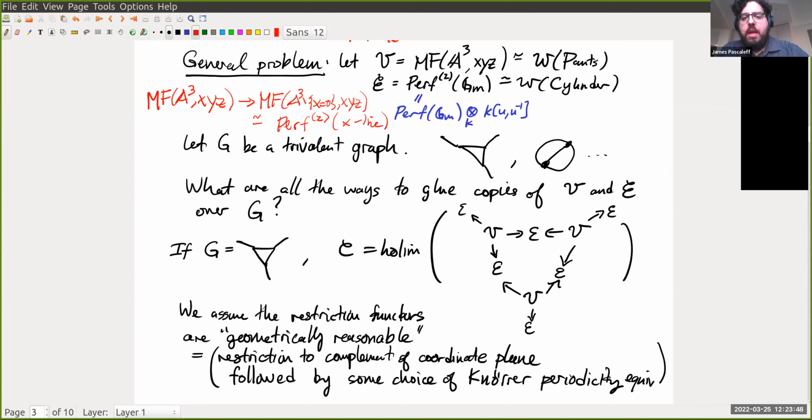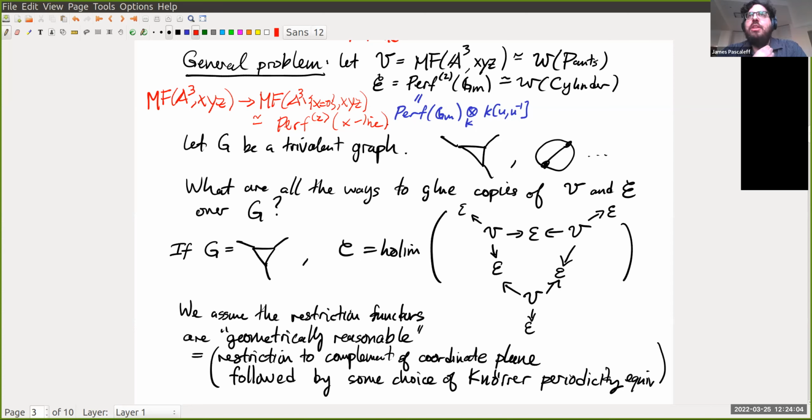Okay. So I want something that looks like that. You could say, okay, that's sort of the B model description. In the A model description, it's like the restriction functor from the pair of pants to the cylinder. I mean, something that looks at least vaguely like that. Okay.